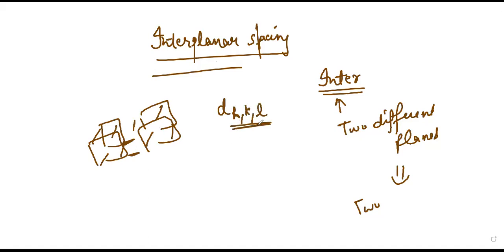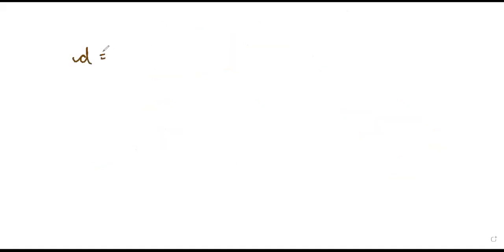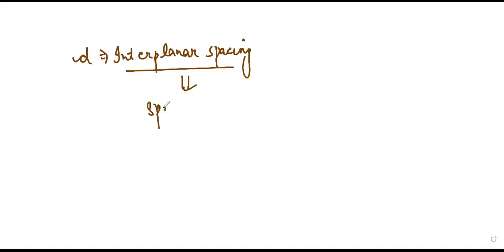And what is h, k, l? These are known as your Miller indices, which we are going to cover in a few seconds. Okay. So d is your interplanar spacing. Interplanar spacing means space between two successive planes.